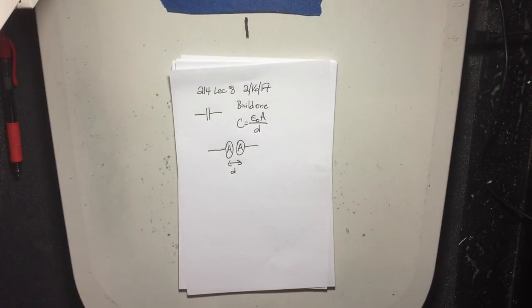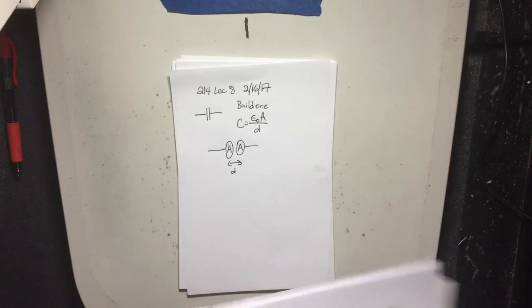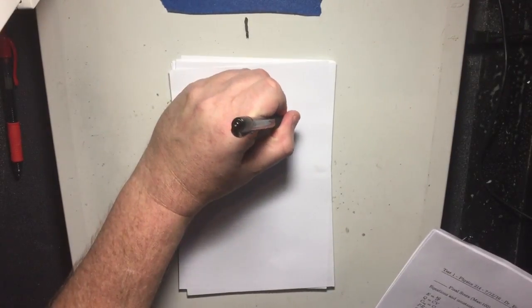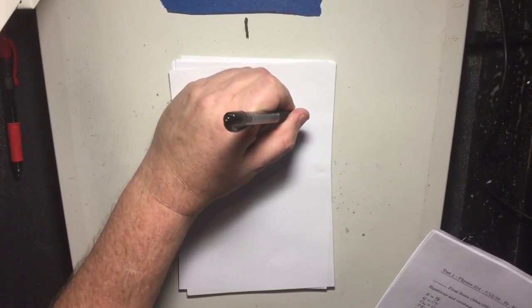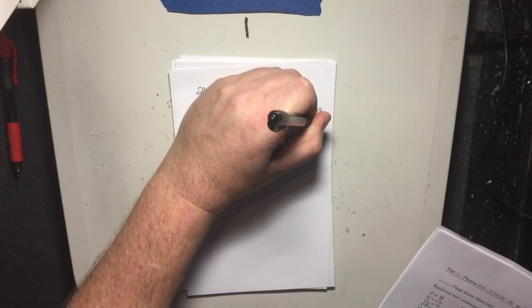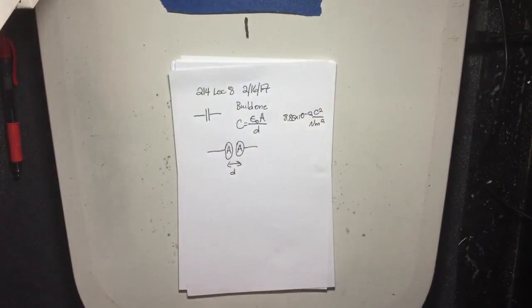In fact, I shall refer to it now because I don't remember it. It's 8.85 times 10 to the negative 12 C squared per newton meters squared.